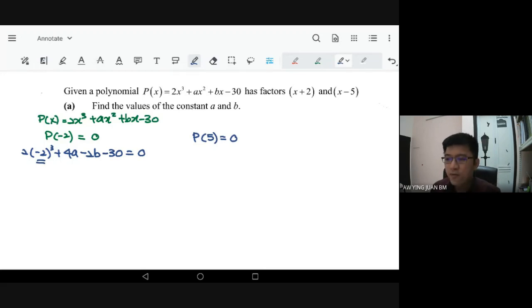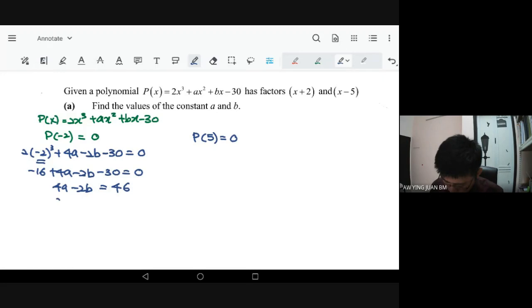So finally, we have 46. So negative 16 plus 4a minus 2b minus 30 equals to 0. So 4a minus 2b is equal to 46. Simplify the situation. So 2a minus b is equal to 23. Equation number 1.